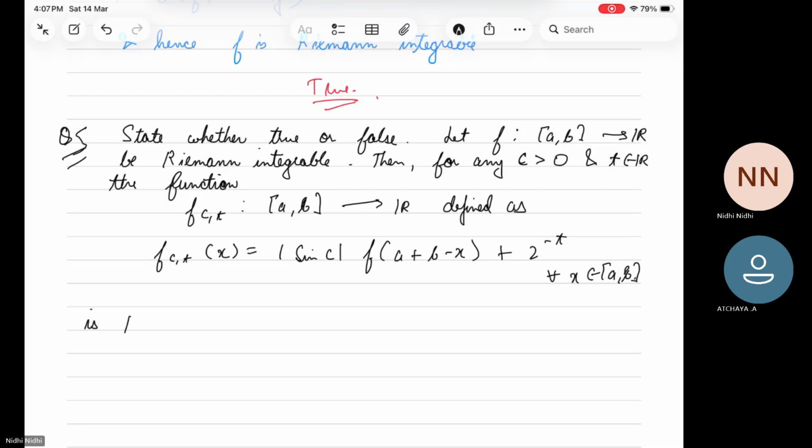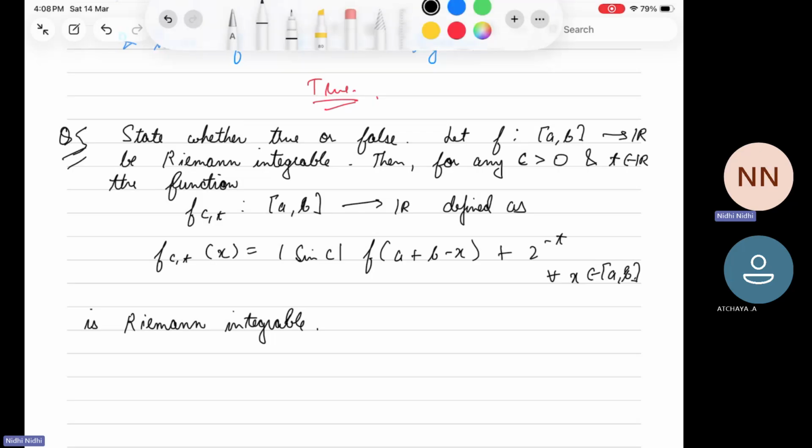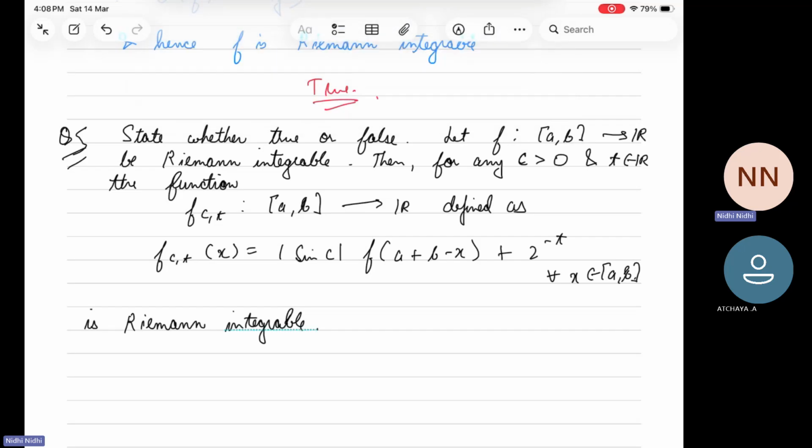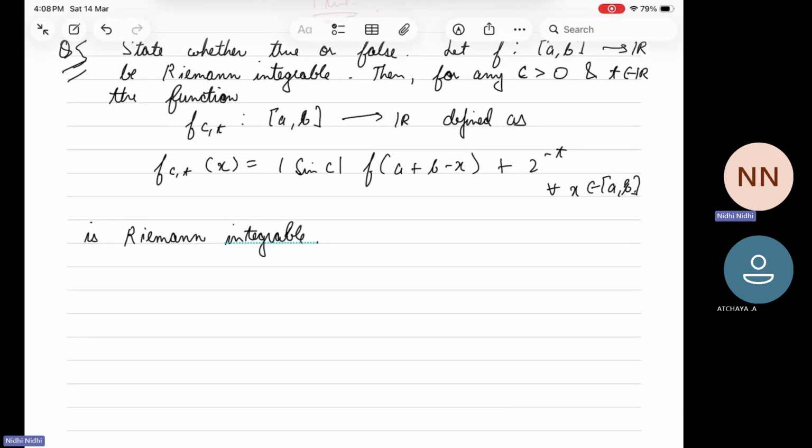Is it Riemann integrable? So all we need to use is the fact that f is Riemann integrable, and then the epsilon-delta definition corresponding to the Riemann integrability. Using that, we will see that this f_{c,t} will eventually be Riemann integrable. Let's see how. As discussed earlier, a function is Riemann integrable if UF is equal to LF.